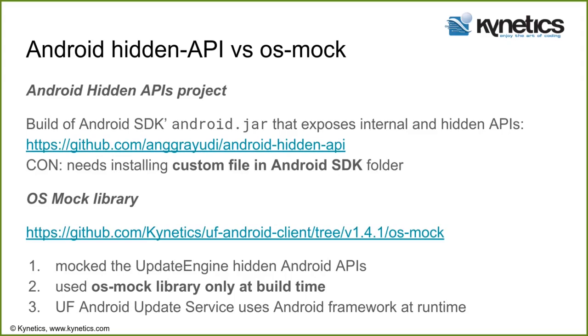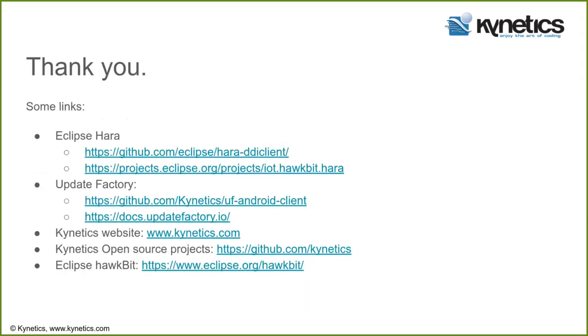The other approach that we took later is that we mocked the UpdateEngine APIs. We used that mock just at build time, and then the update service application was able to use the UpdateEngine APIs at runtime. That simplified the build process.